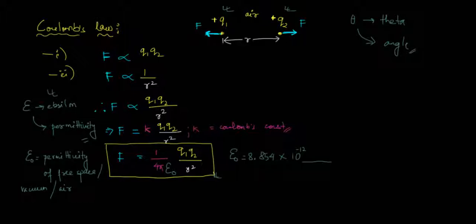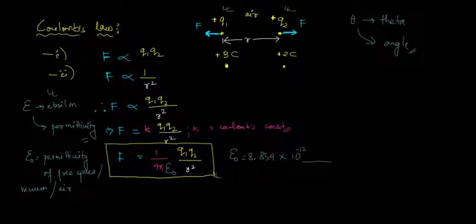Now the example. Let's say q1 is 3 coulombs and q2 is 2 coulombs. What will happen?